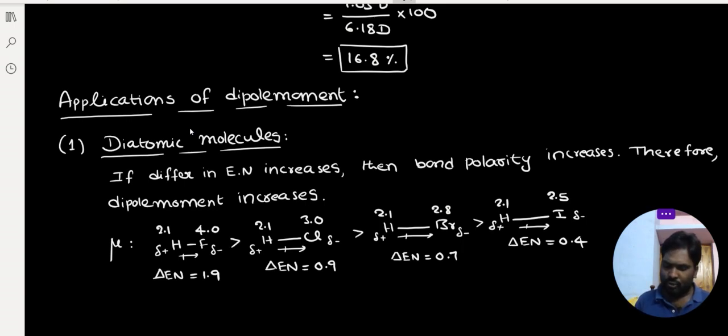Among the four molecules, which has the greater dipole moment, the greater bond polarity? Hydrogen fluoride. So HF is greater than HCl, greater than HBr, greater than HI. This is the first important application. Understood everyone?